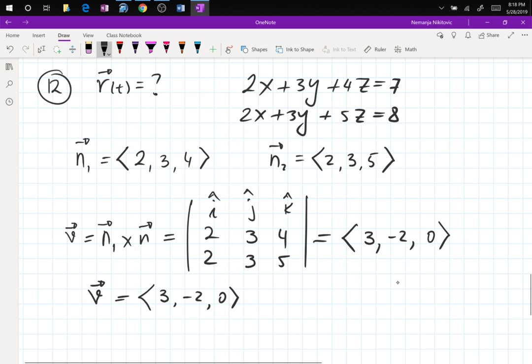So how do we find the common point? We need that x0, y0, z0. And now we have v.